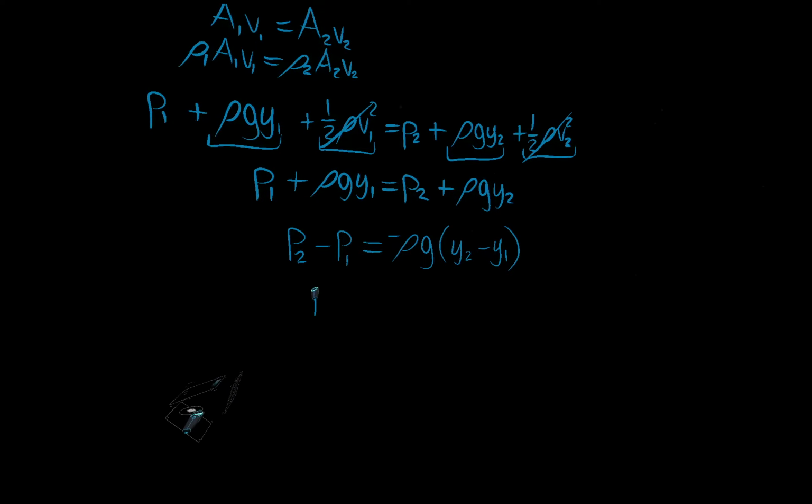We could just say P equals P naught plus rho g h. I'm sorry, P1 would not be 0, it would be P naught, the pressure at the top. But rho g h, h being the height, or the depth, I guess. And this is where the first law we encountered in this whole lecture came from. This is where Pascal's law was derived from.